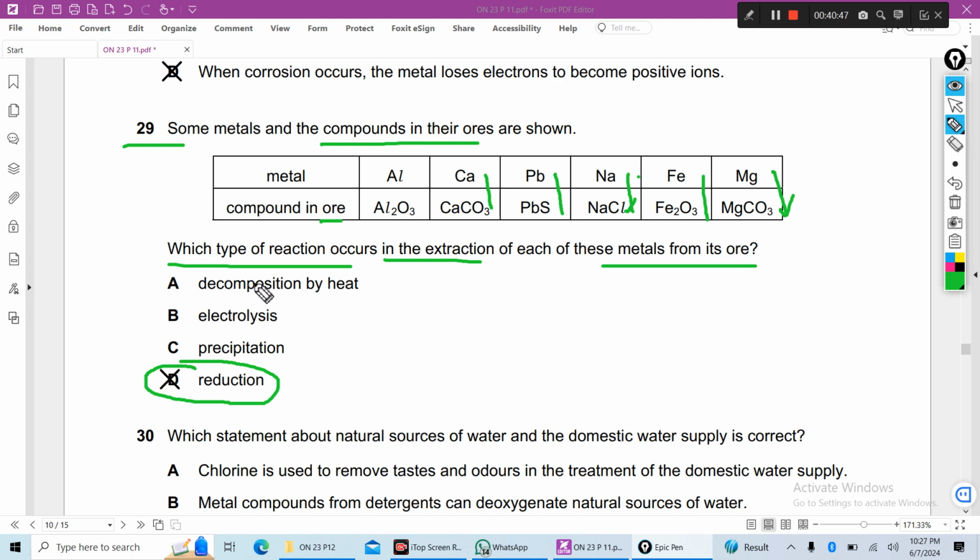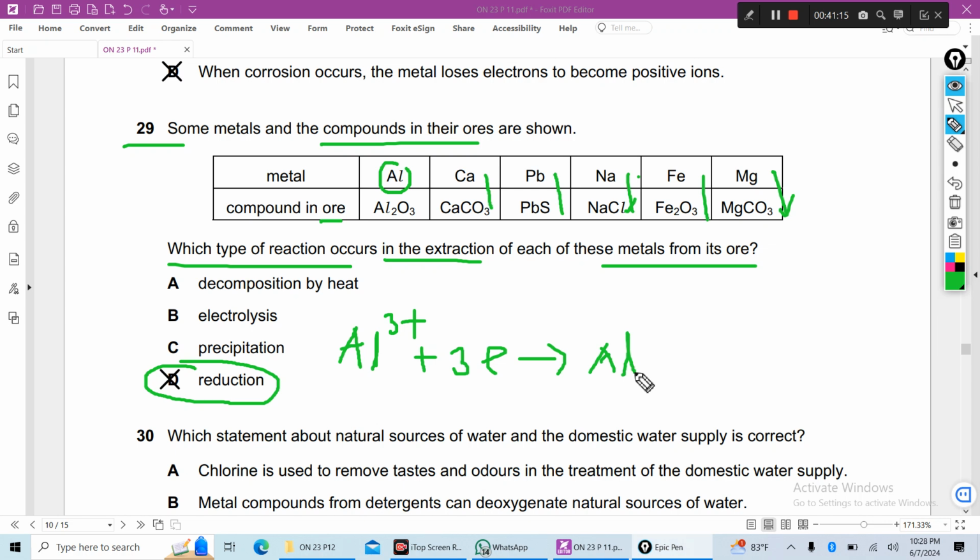Reduction reaction occurs, because aluminium is more reactive, so you can apply the electrolysis process, but at the cathode, aluminium ions take electrons to produce aluminium.